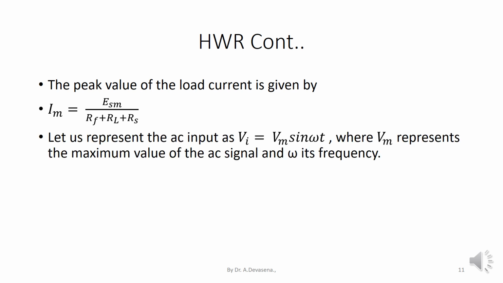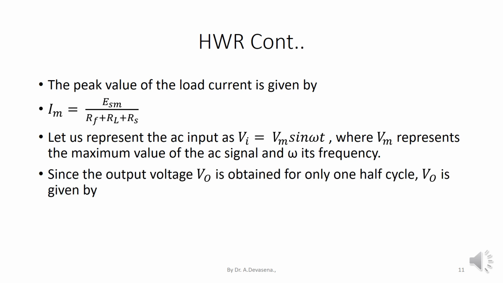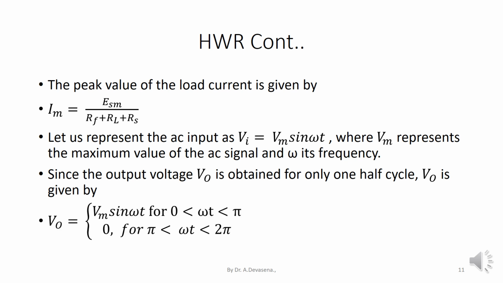Let us represent the AC input as V_i = V_m sin omega t, where V_m represents the maximum value of the AC signal and omega its frequency. Since the output voltage V_O is obtained from only one half cycle, V_O = V_m sin omega t for 0 < omega t < pi.